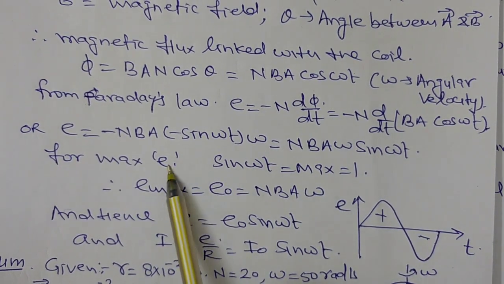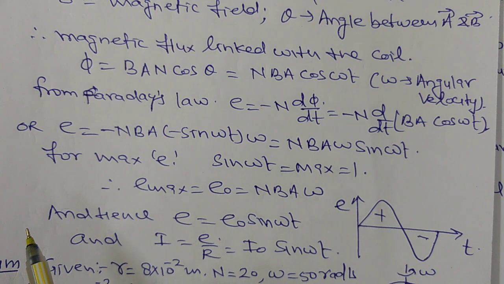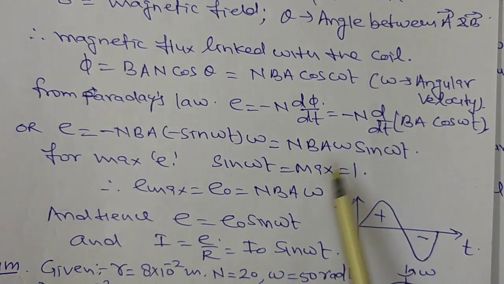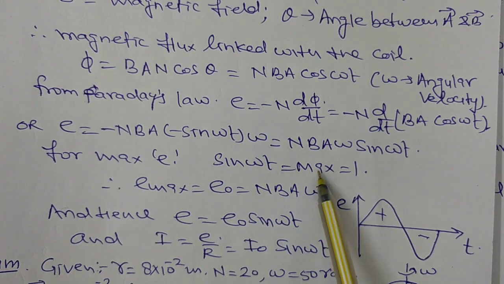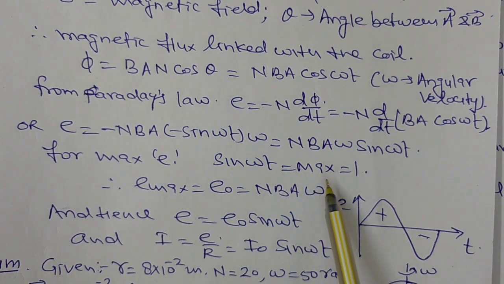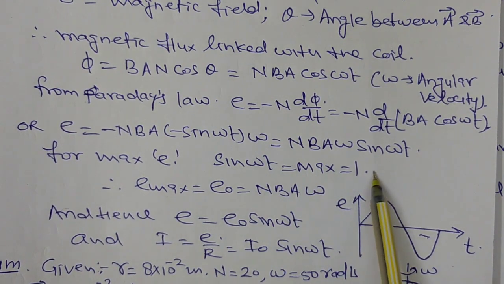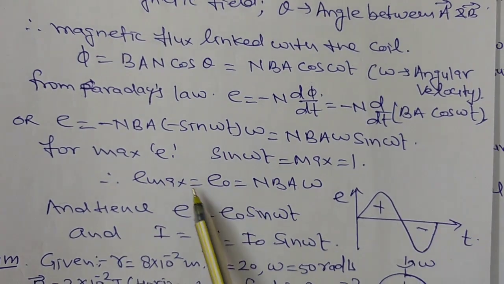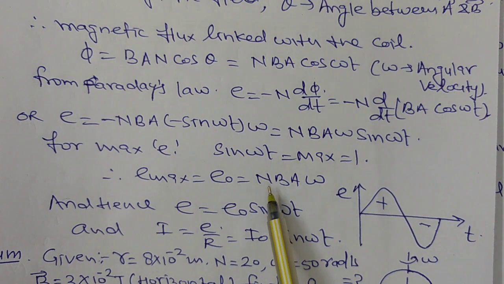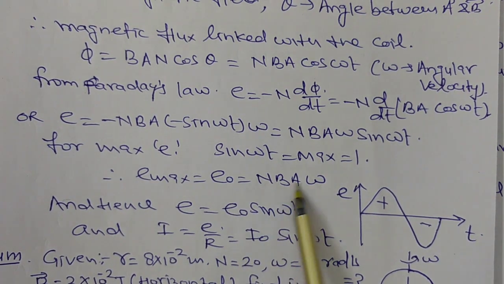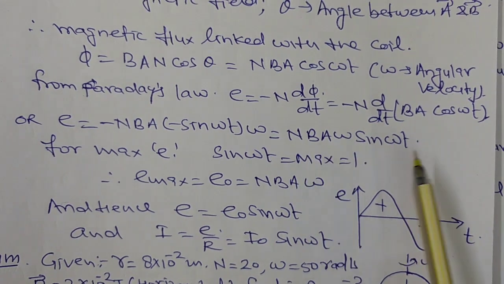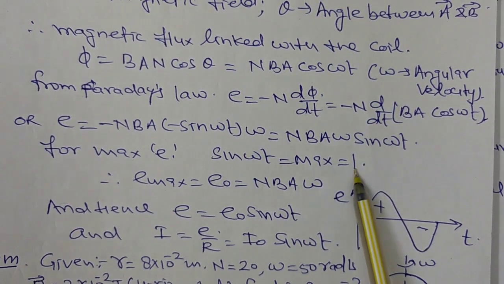Now for maximum value of this induced EMF, the value of sin omega t should be maximum, and its maximum value is 1. Therefore, E max is equal to E naught, and this E naught is equal to nba omega. Put here sin omega t is 1.